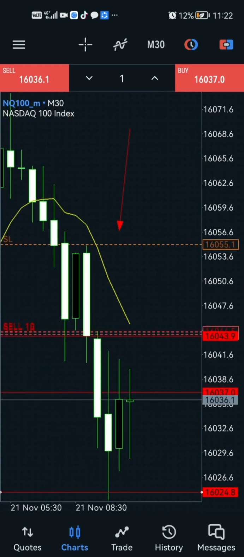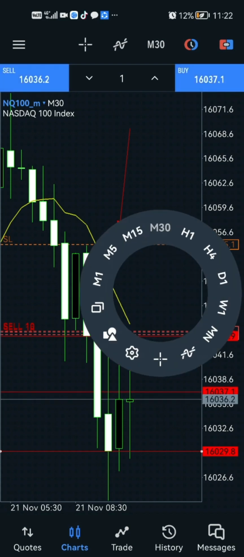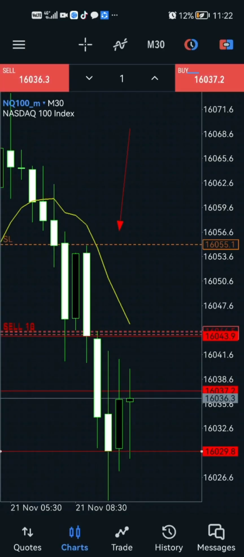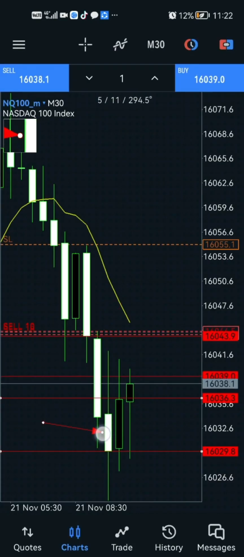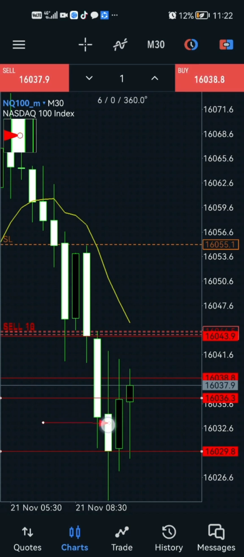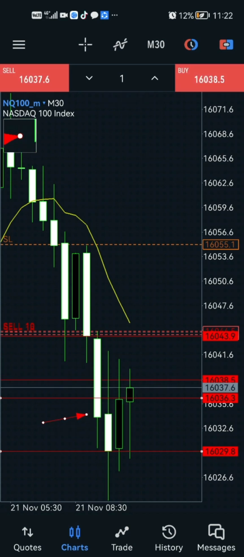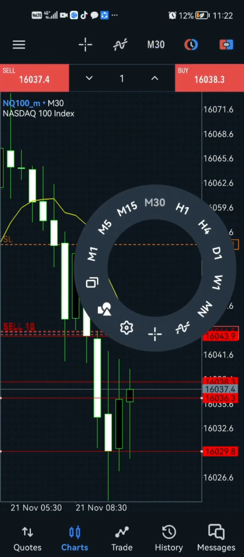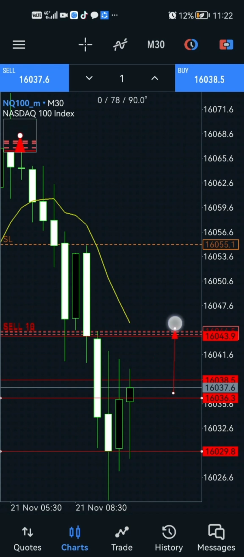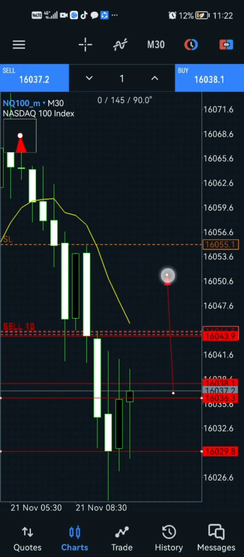Okay, guys. Upon assessing the analysis here, I see an engulfing. This candle here engulfed this one. So the current trend is a buy trend, projected to come up to this level here.